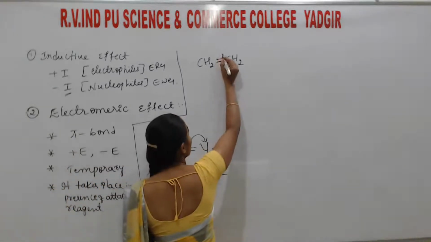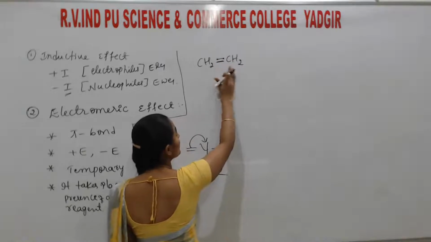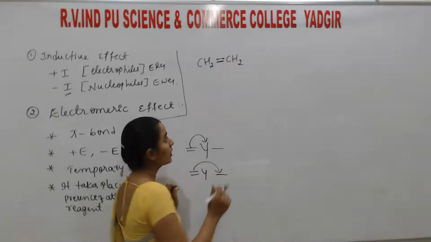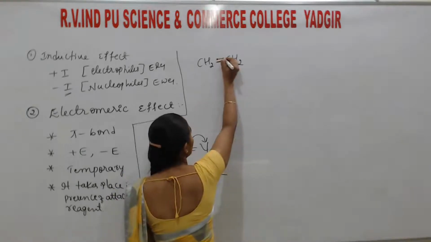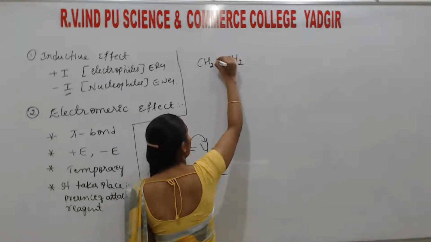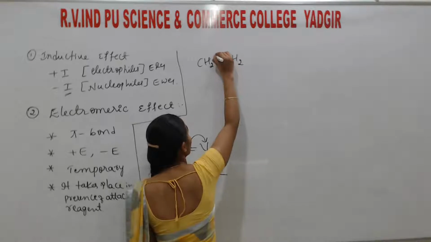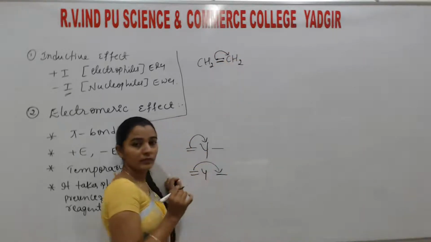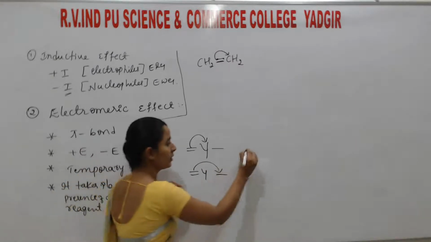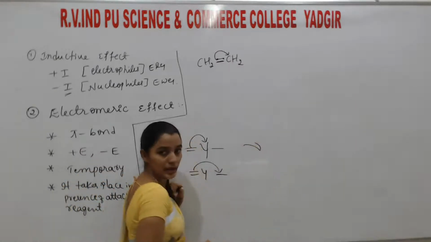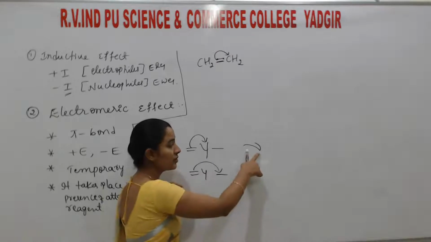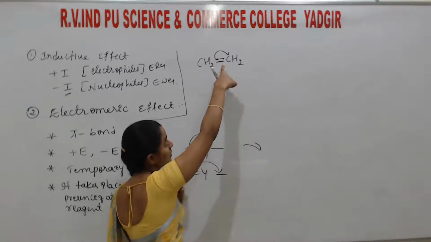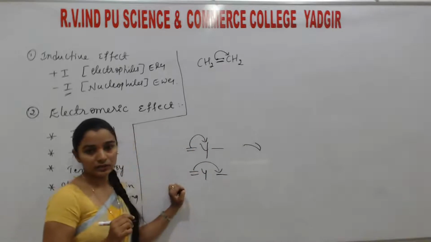The electrons shift to either side of the bond, either left hand side or right hand side. Assume these two electrons completely shift, then we have to show it like this. If only one electron is shifting, we have to represent it with a single arrow or a fishhook arrow. So when complete electrons are transferred, that is written like that.